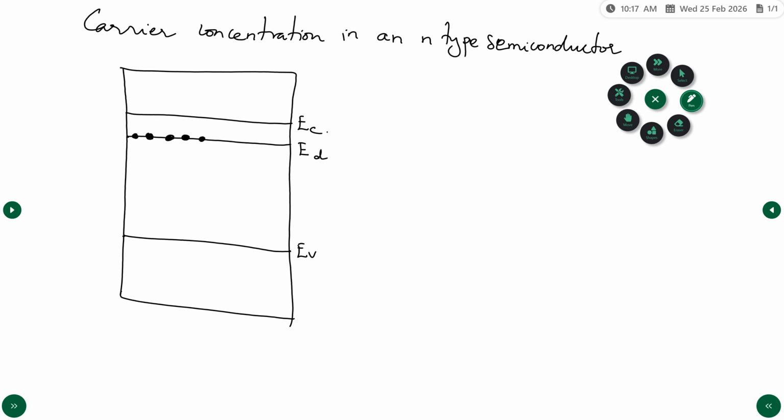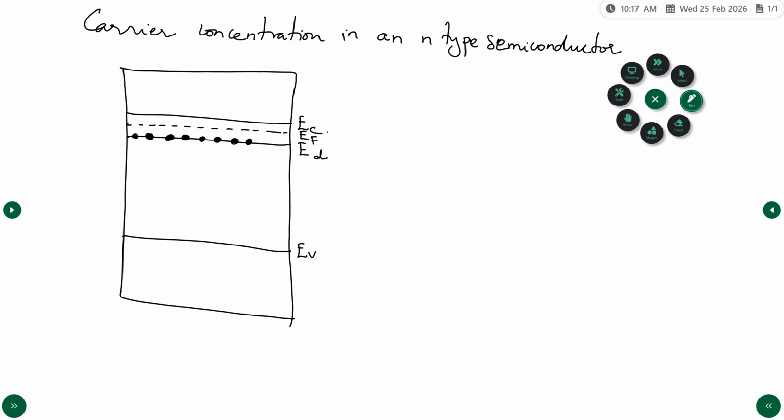The closed circles are mentioned as electrons. Normally this is completely filled with electrons. Just above that the Fermi energy level is present for the N-type semiconductor. This is mentioned as the Fermi energy level, EF.